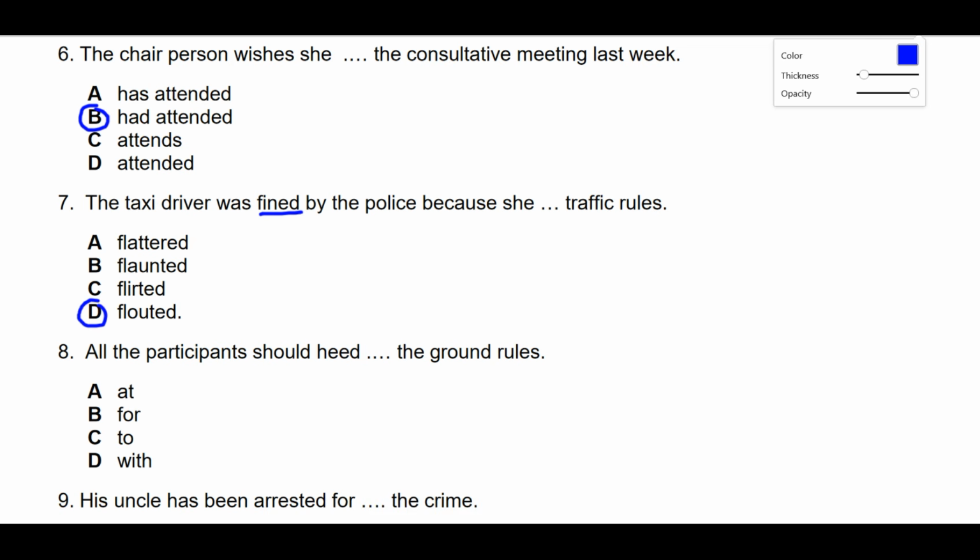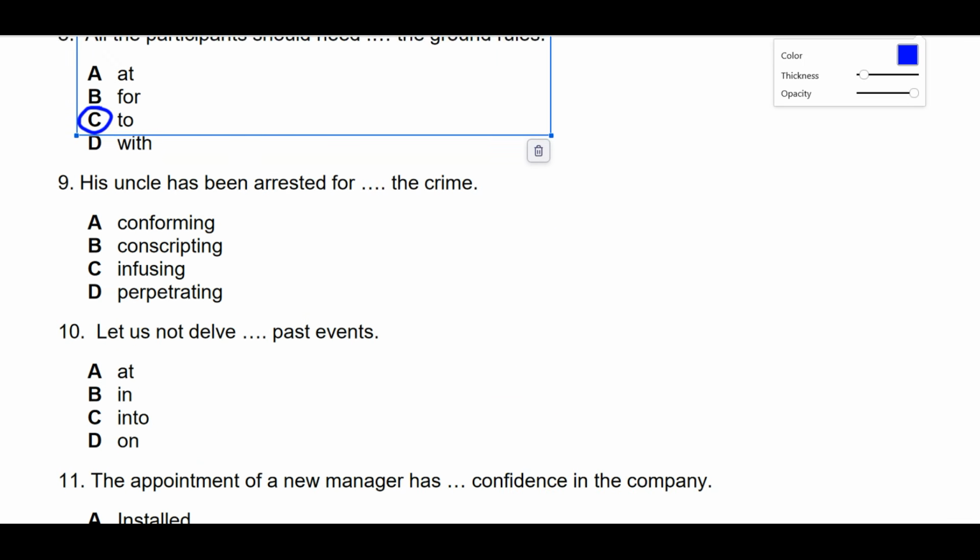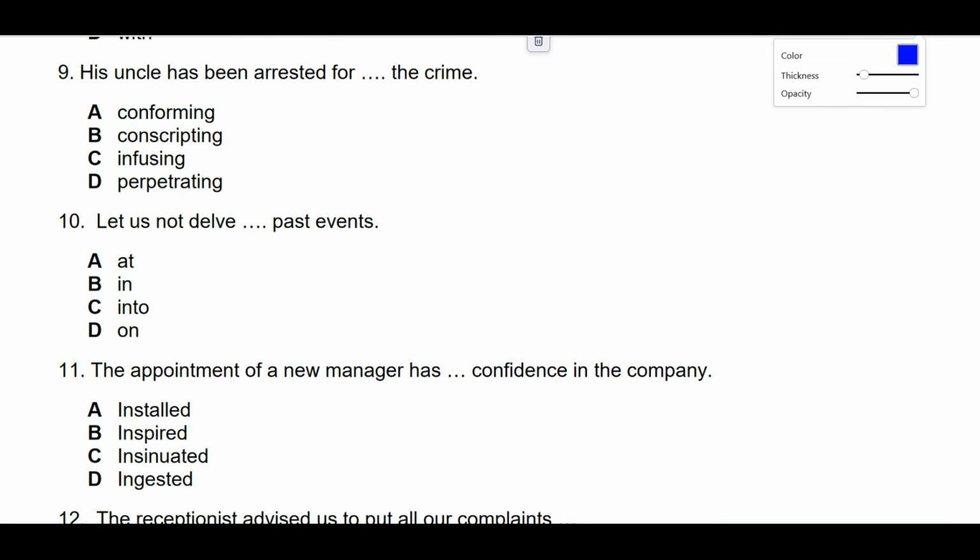Then flattered is where you tell someone something nice. Then we move on to number 8. All the participants should heed the ground rules. To heed is like to observe, to obey.